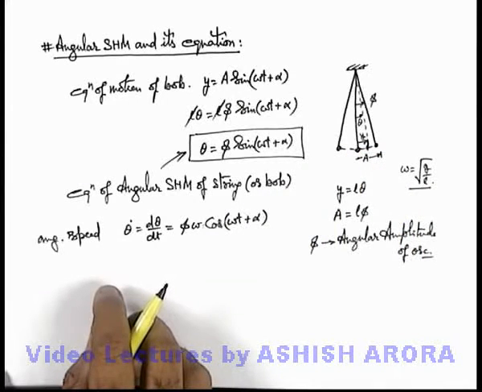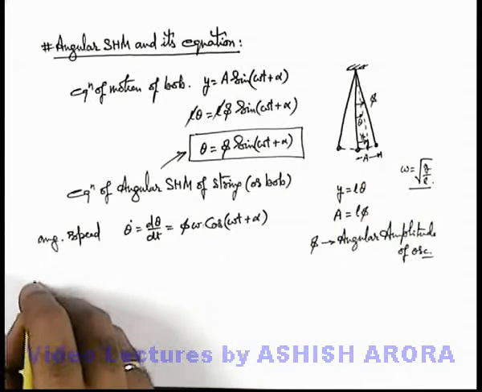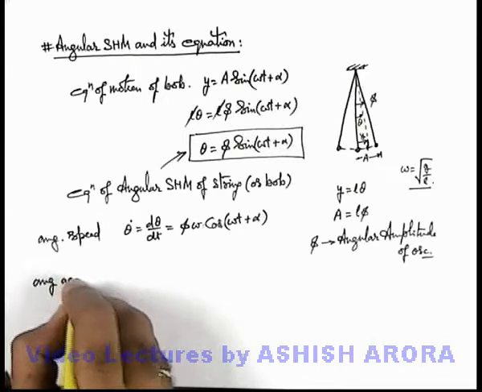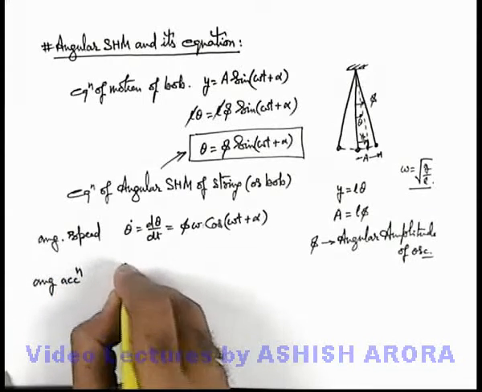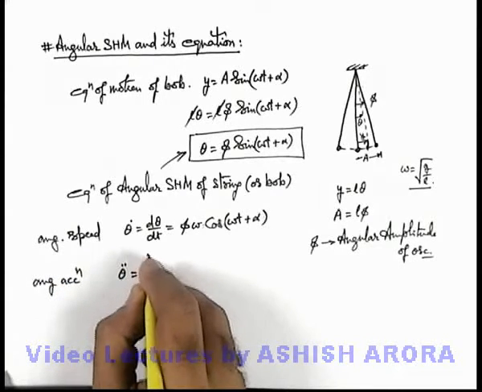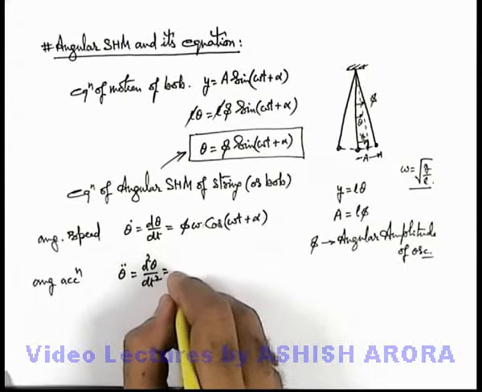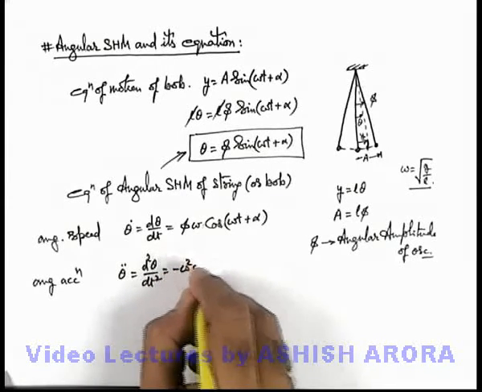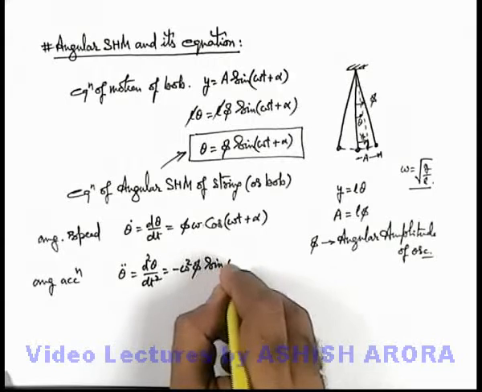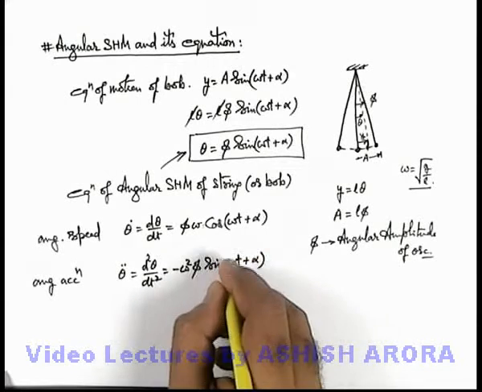Now if we find out the angular acceleration, which is theta double dot, which can be written as d square theta by dt square, it can be written as minus omega square phi sine of omega t plus alpha.